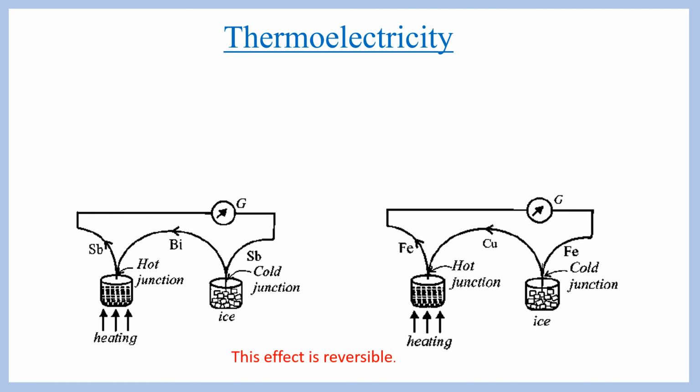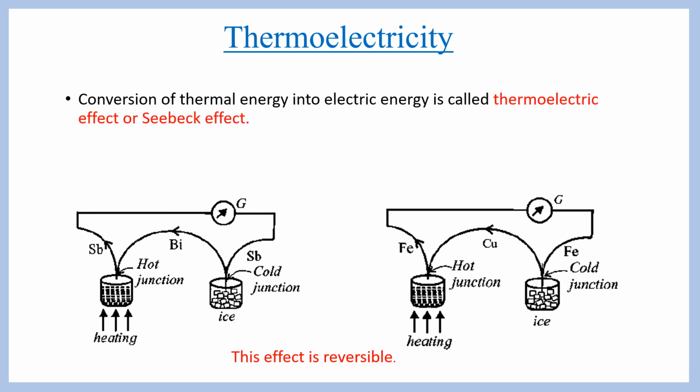This was discovered by Seebeck, and the effect of producing electric current due to thermal energy is called the thermoelectric effect. This is called thermoelectric effect, and it is also called Seebeck effect.